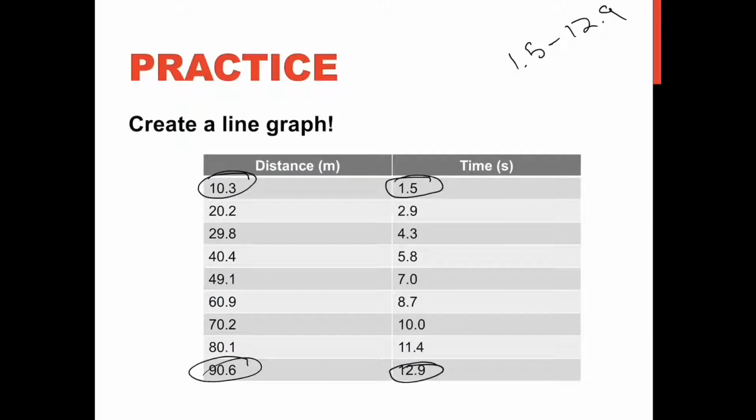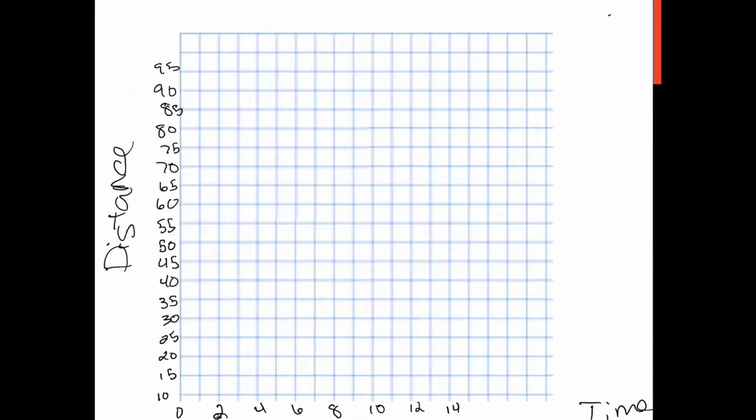So now let's graph this data. Our first data point goes from 1.5 to 10.3. So 1 is right here, so halfway to 10.3, about there.